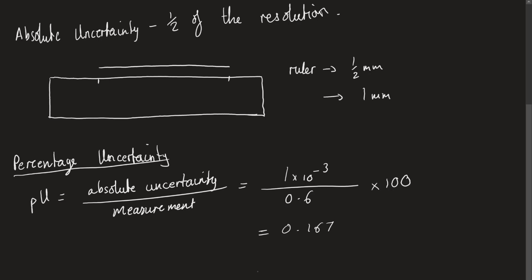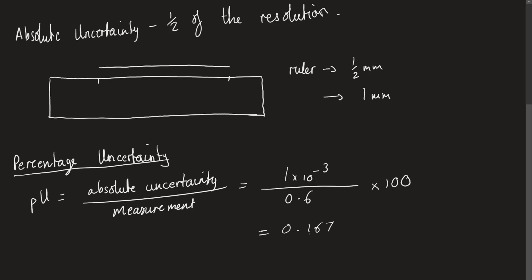What you'll find when you're writing out these values for uncertainty is you want to make the significant figures that your value is, your measurement, equal to the same amount of significant figures that your uncertainty is. So in this case, our measurement was 0.6, so we want our uncertainty to be to 1 significant figure here.